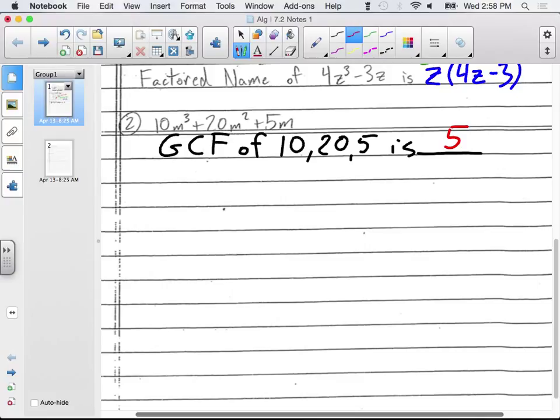All the factors of 10 are 1, 2, 5, 10. All the factors of 20 are 1, 2, 4, 5, 10, 20. And what are the factors of 5? And what's common in all 3 of them? 5. So the GCF is 5. Next thing we do, we find the greatest common factor of the variable parts.